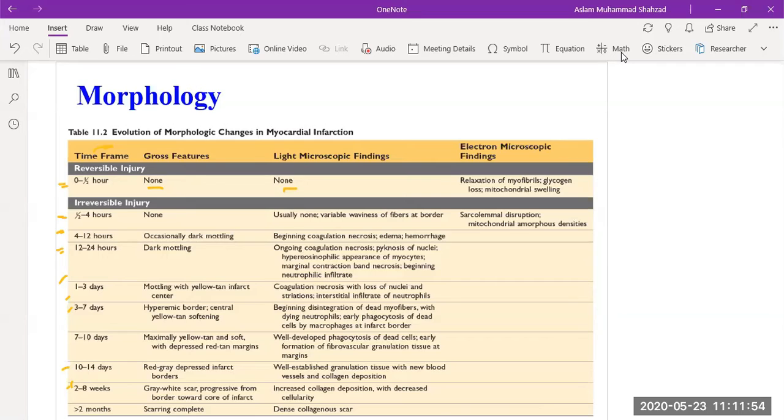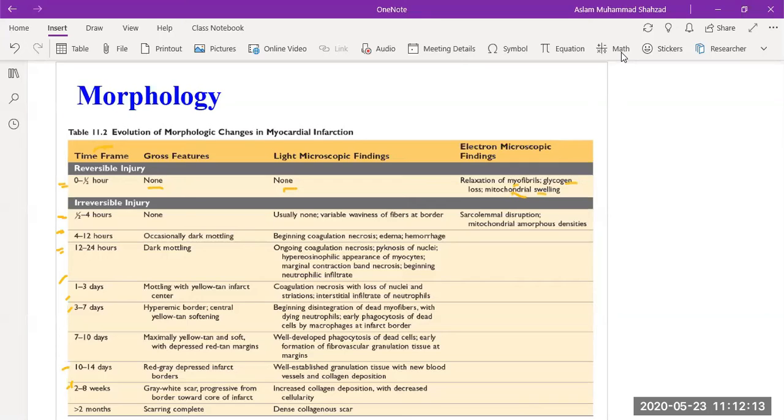The second thing they found is glycogen loss and mitochondrial swelling. So there will be swelling in the mitochondria and relaxation of the myofibrils. If you take a look, this first half is the reversible injury section, where the patient can recover fast.